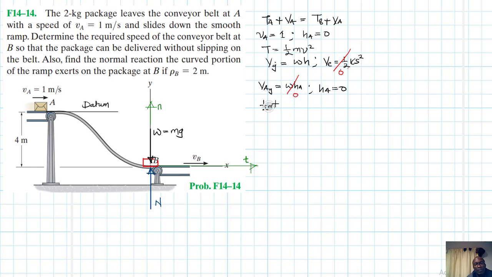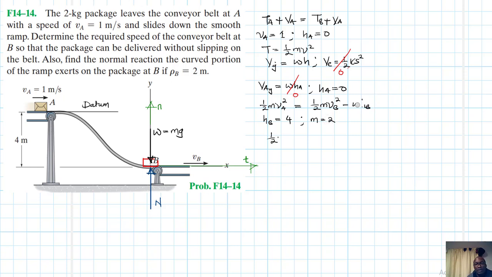So we have half m VA squared equal to TB, which is half m VB squared, and then minus, since our reference is up here, W times HB. Our HB is equal to 4 meters. So replacing those, we have a half, and our m is equal to 2 kg.